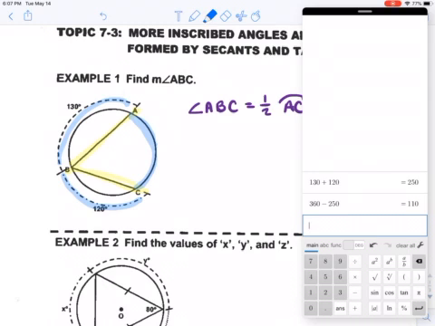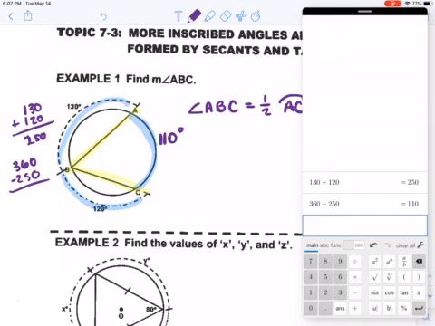And then we're going to take our 250 and subtract it from 360. 360 minus 250 will give you 110 degrees.